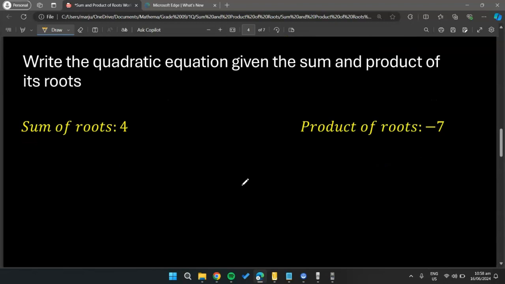Now, what about this problem? You are given the sum and the product of the roots, and then you are asked to write the equation.